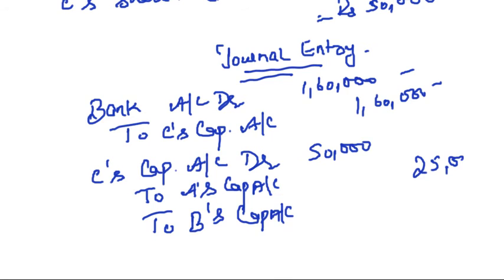We'll divide this in equal ratio because in the absence of information, we consider it to be equal. Right? So this is the journal entry.